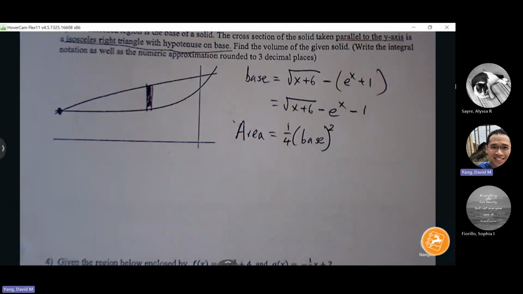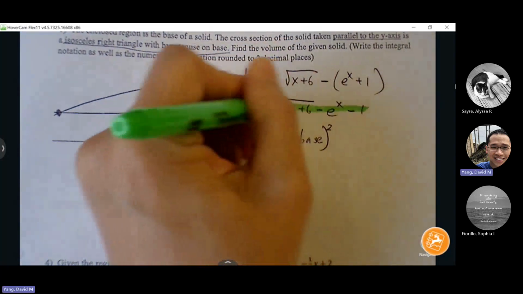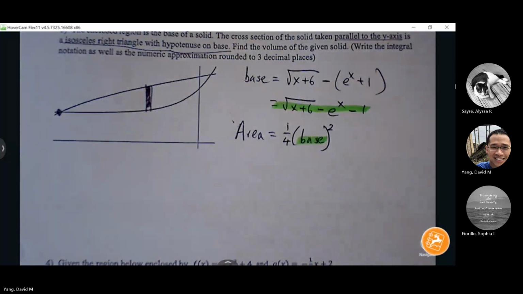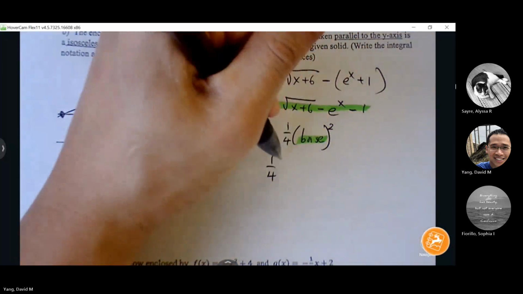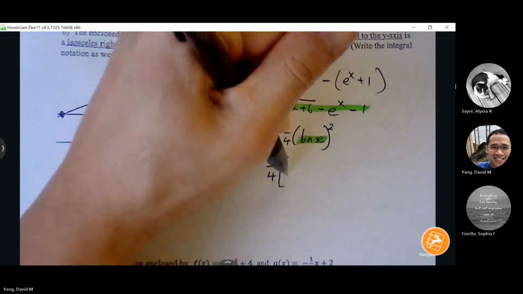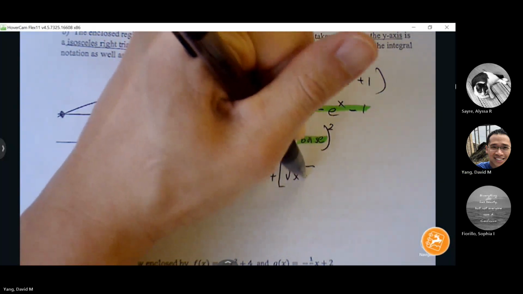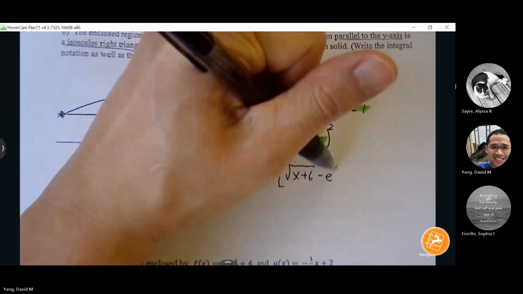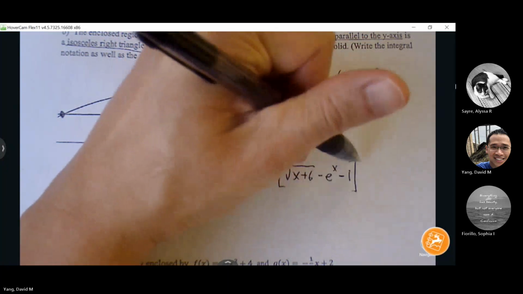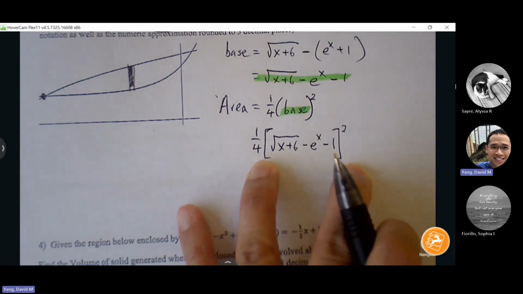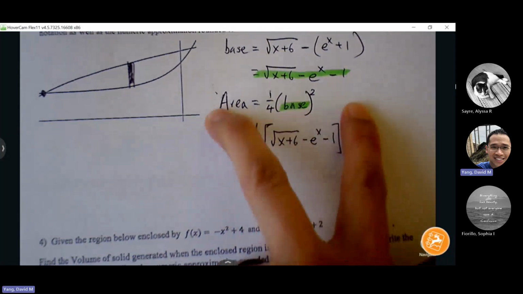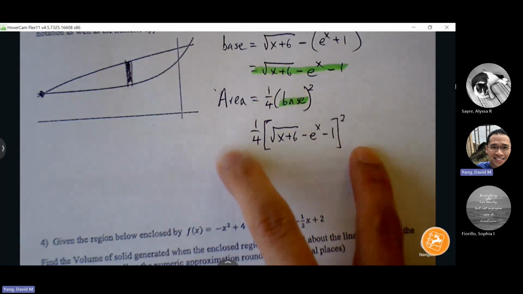Okay, so we have our base length, so I'm going to replace this into the formula, right? And have that as my base. So if that's my area, then really the only thing that needs to be done to get to the volume is that we just bookend our area with our integral notation, right?